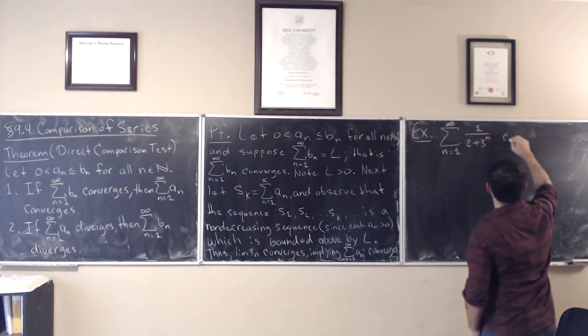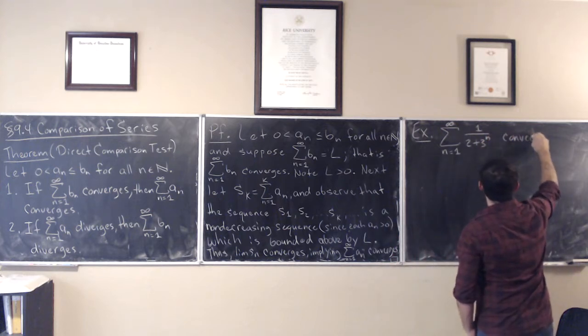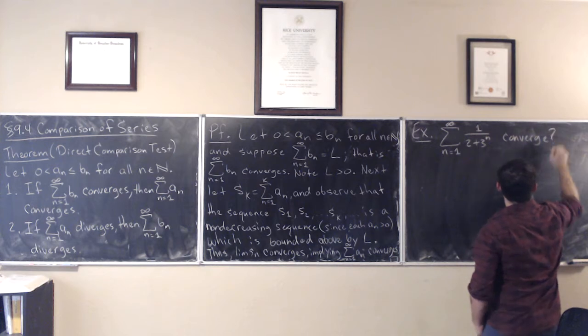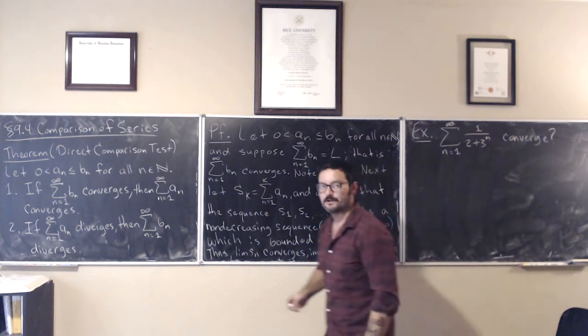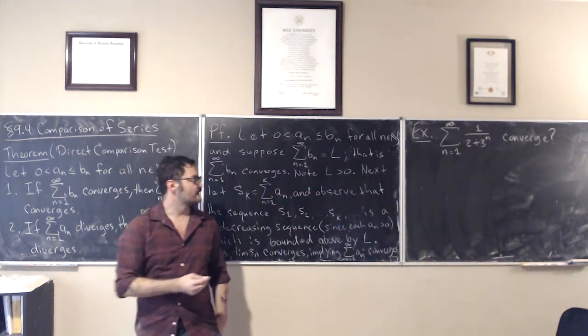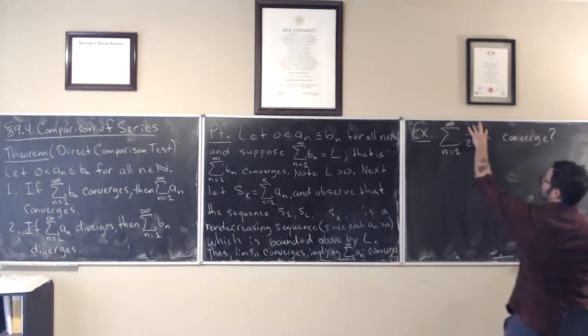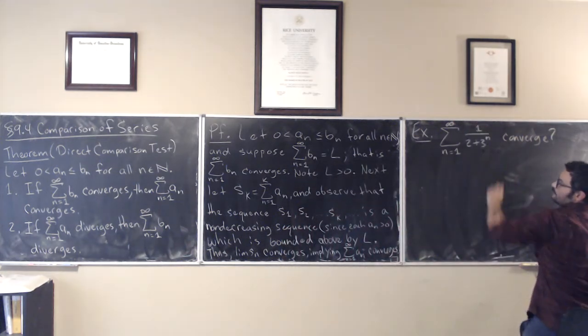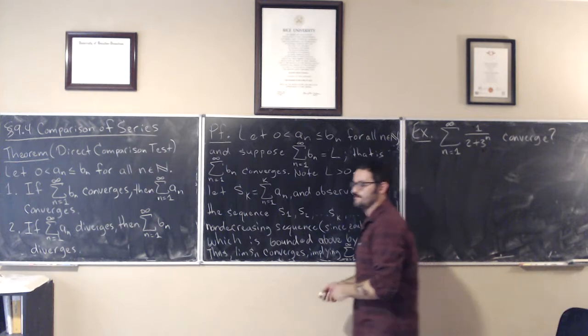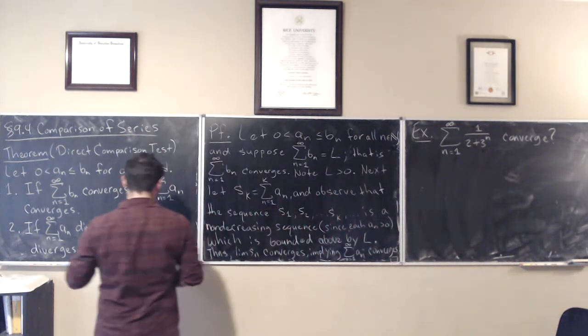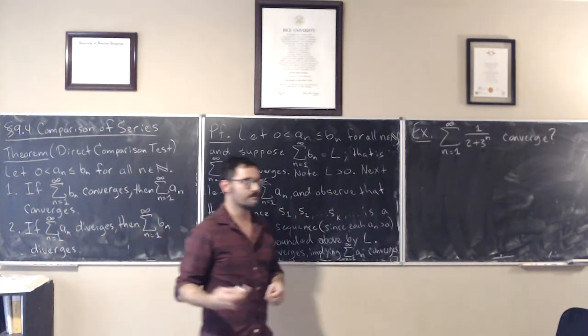Does this converge? Now the general strategy here is to look at bounding these terms from above and below as close as you can. And for the ones below, you want to see if they diverge. For the ones above, you want to see if they converge.